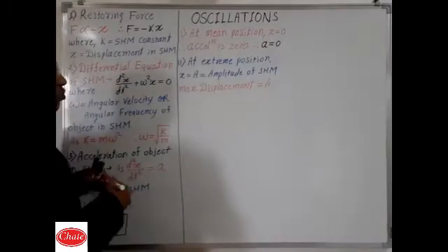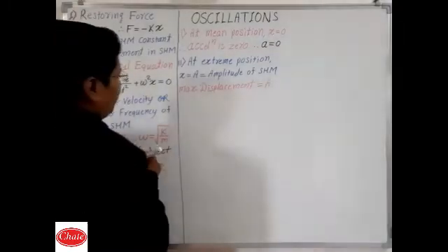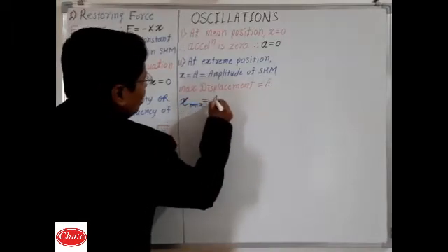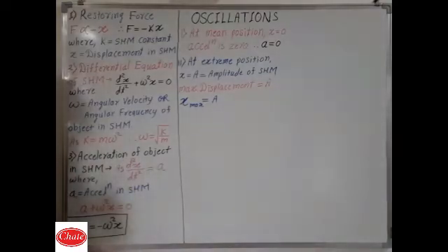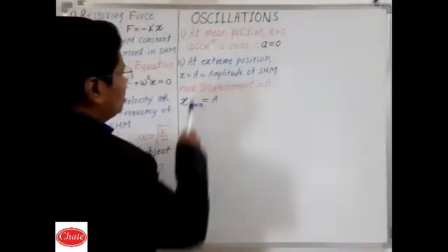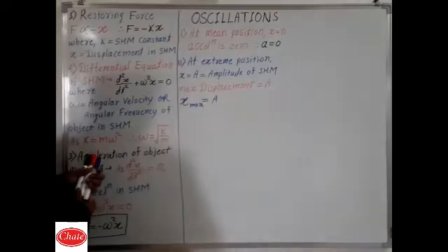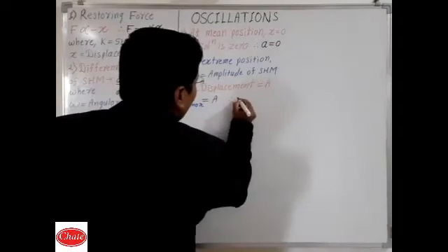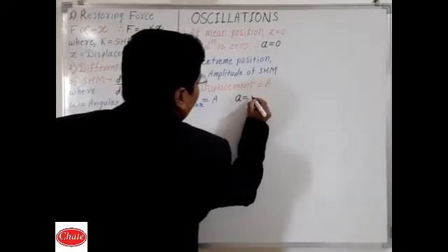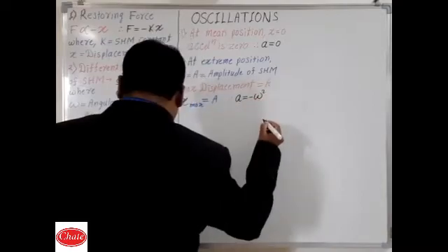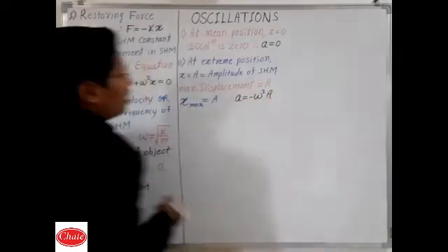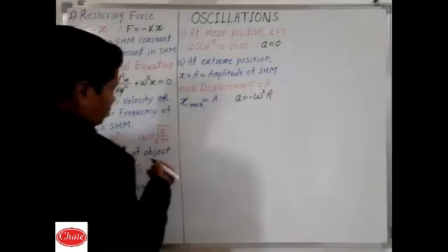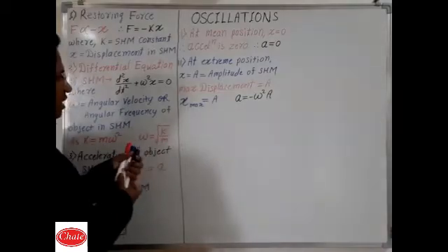Therefore, you can write x max is equal to a. Okay? Then if the displacement is maximum, equal to a, what will the acceleration be? Therefore, a is equal to minus omega square a.